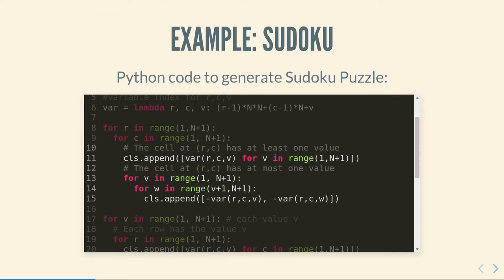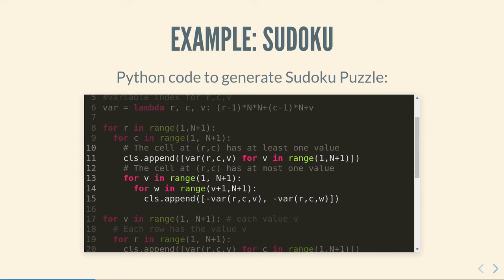The cell at RC has at least one value. So CLS, that is the set of clauses, dot append, we are adding a clause, iterating over R and C, and for every V we have a clause, that is an array: variable RCV for V in range 1 to 9, inclusive.